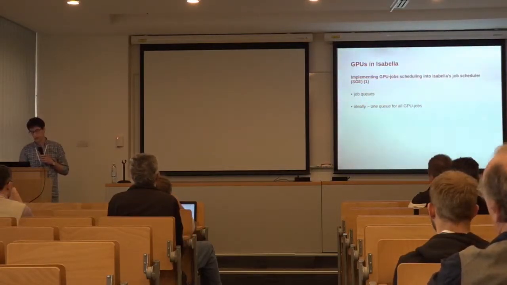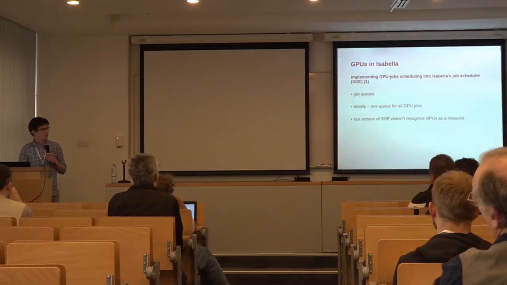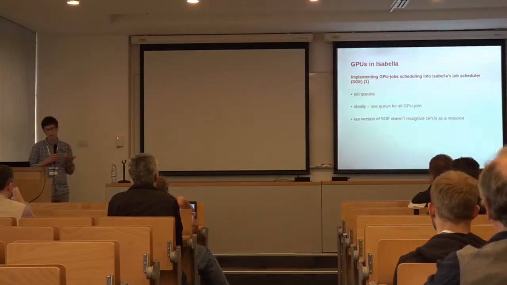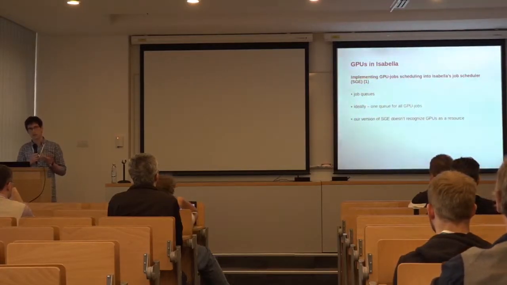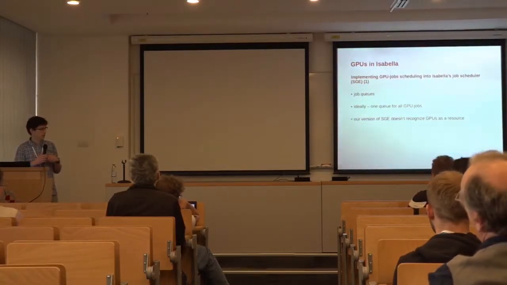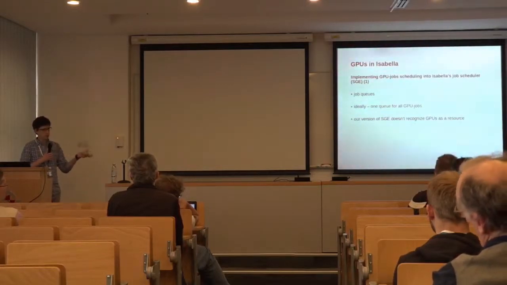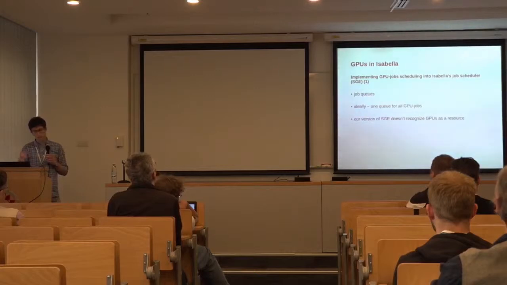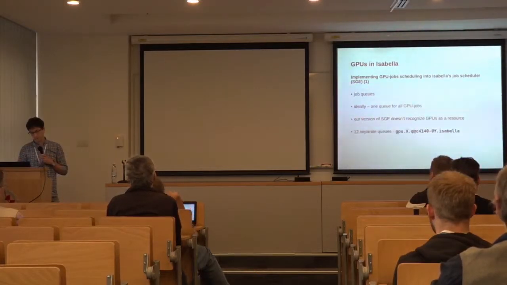It will start running. Unfortunately, our version of the job scheduler doesn't recognize GPUs as a resource, so it cannot directly assign a job to a GPU and its corresponding CPU core that controls the process. So we had to figure out a way to go around it.